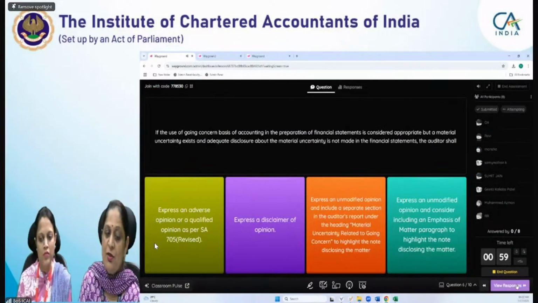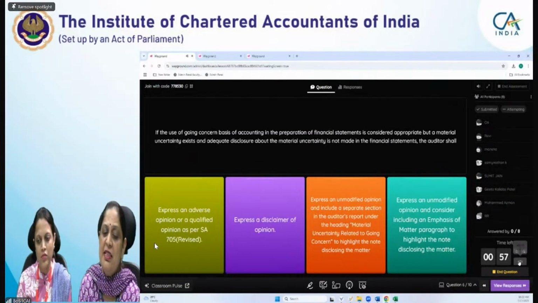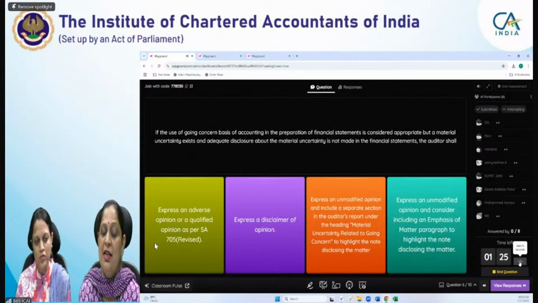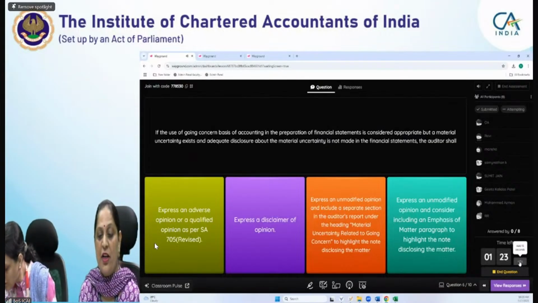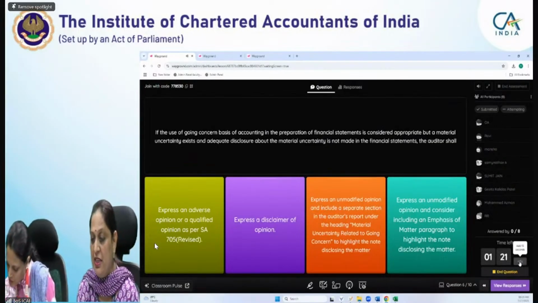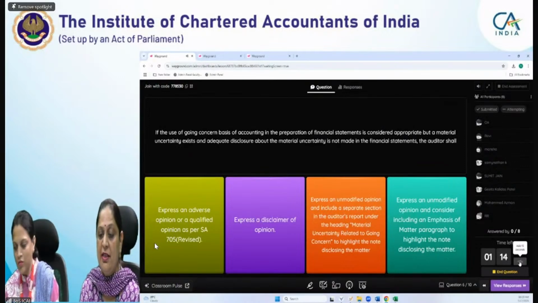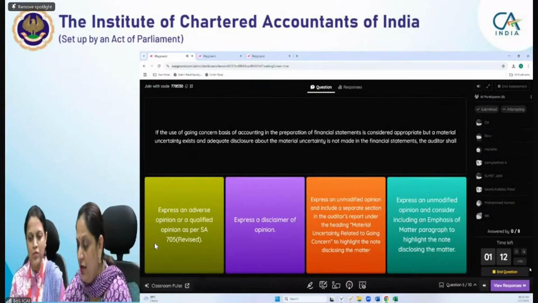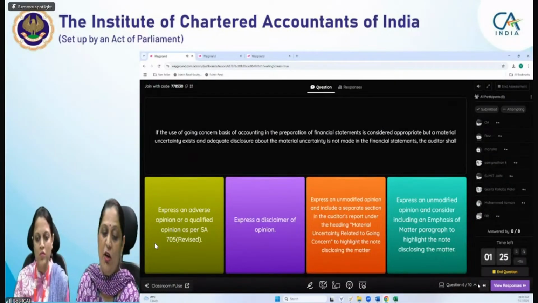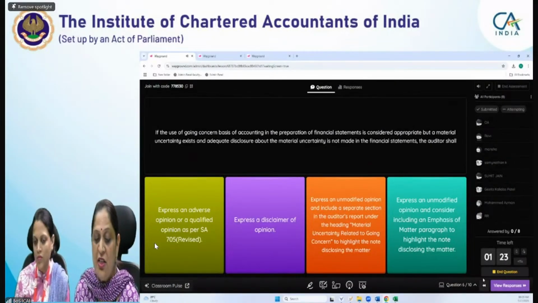Next question. Very simple, SA 570 based question. If the use of going concern basis of accounting in the preparation of financial statements is considered appropriate, but a material uncertainty exists and adequate disclosure about the material uncertainty is not made in the financial statements, the auditor shall, which opinion shall the auditor express?